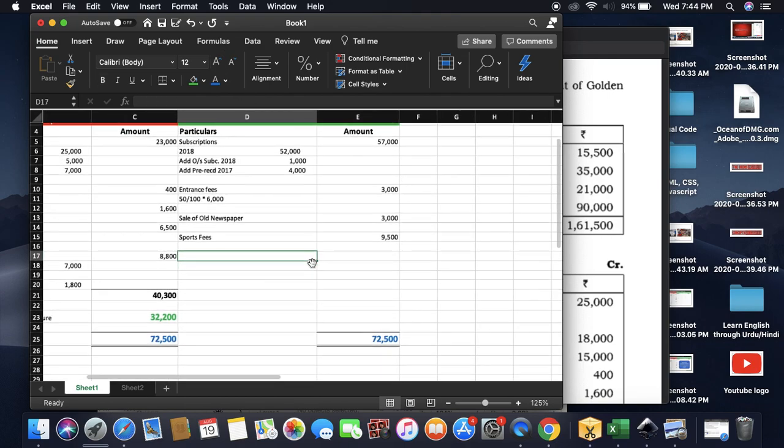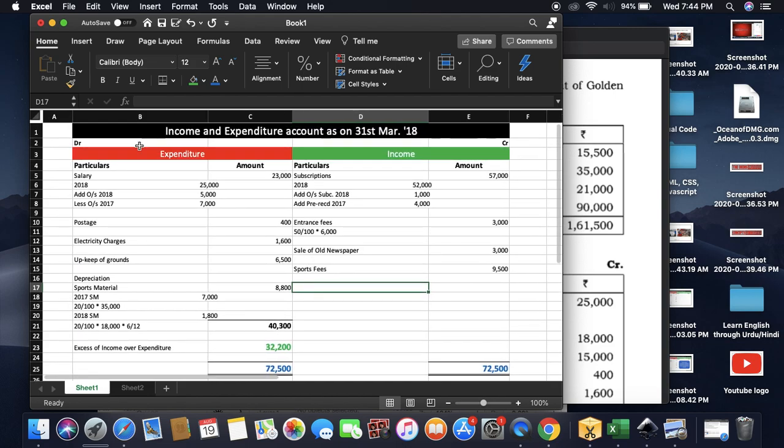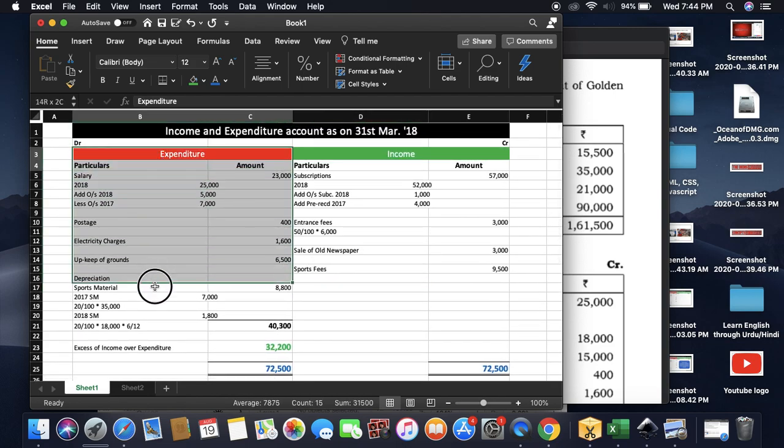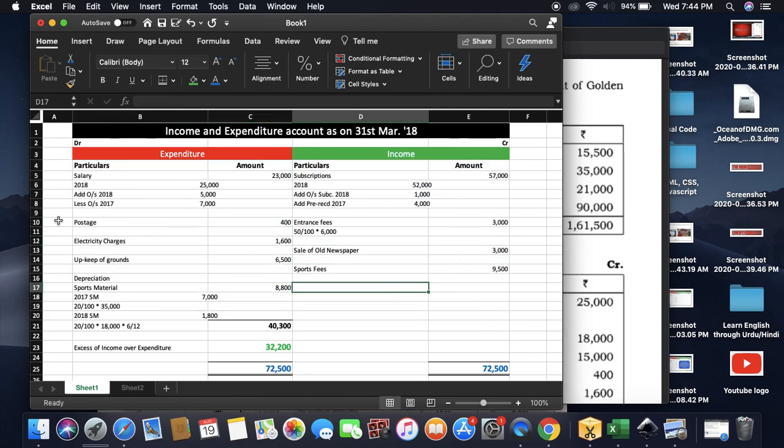All right, so that's about it, guys. So this is how we create it. Basically, first you start with the expenditure side, you do all the entries, and then you come to the income side, and then check which side is greater, and that total you need to mention over here.